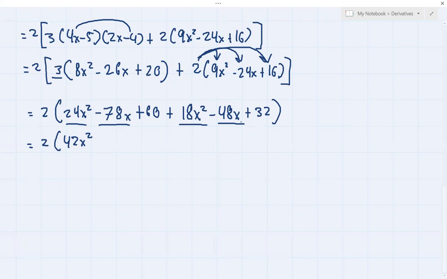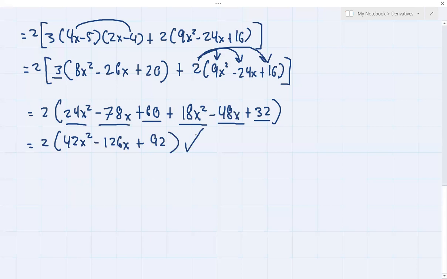So, negative 78x minus 48x becomes negative 126x. And lastly, combine the constant terms. 60 plus 32 is 92. So, this is now your final answer.